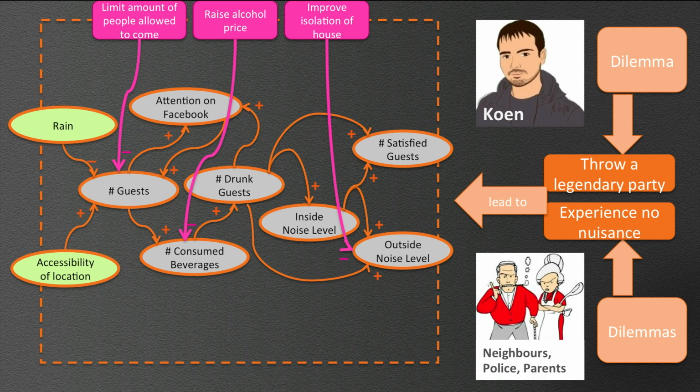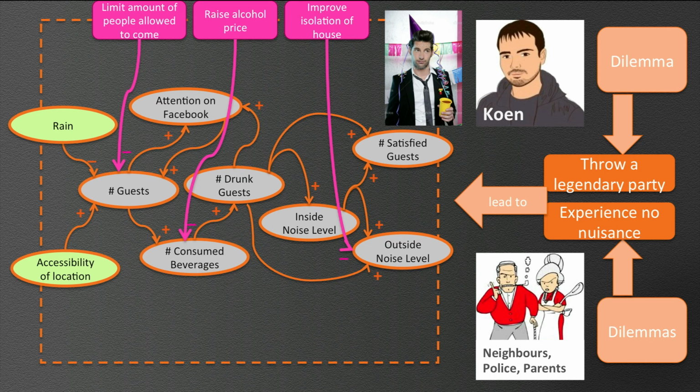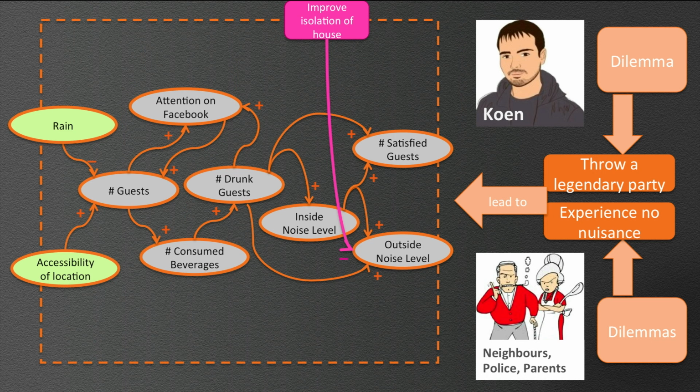However, one can immediately see that the first two alternatives will negatively influence the amount of satisfied guests at the party, while this was the most important criterion for Koen. Therefore, of these three alternatives, it would be best for Koen to isolate the house very well, the third alternative, because this would not spoil the experience of the friends, but would prevent negative consequences for the neighbors.